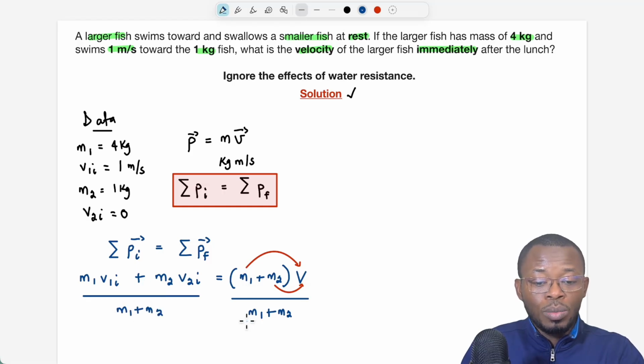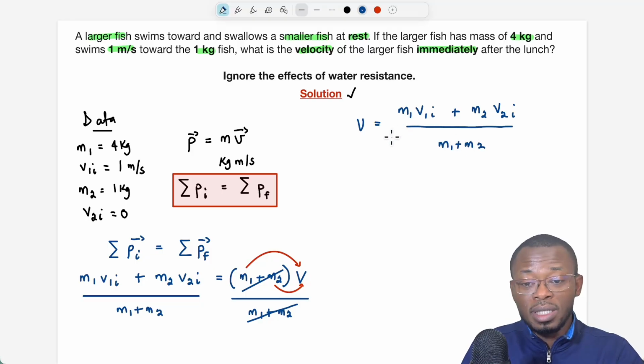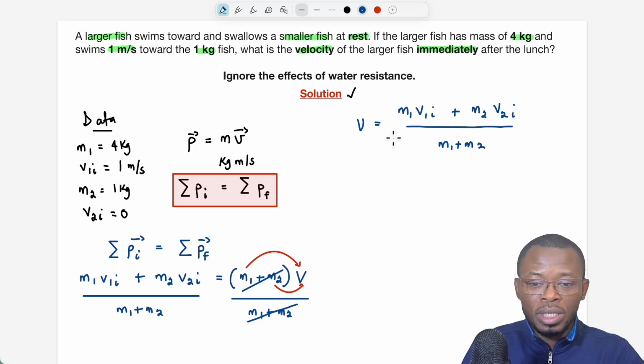Here we can see M1 plus M2 on the right hand side will cancel out to 1, so 1 times V is just V. So the equation is V is equal to M1 V1 initial plus M2 V2 initial divided by M1 plus M2. So now we can plug in the values and determine the velocity of the larger fish just immediately after swallowing the smaller fish.